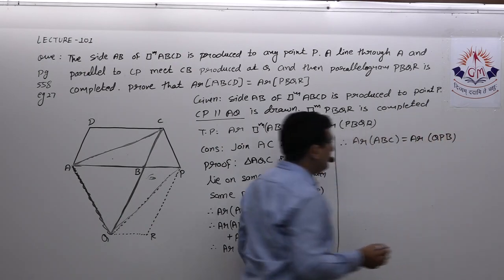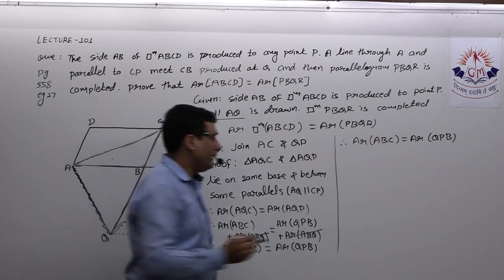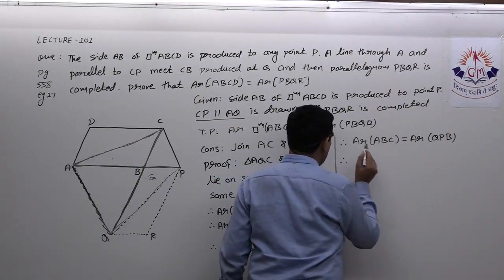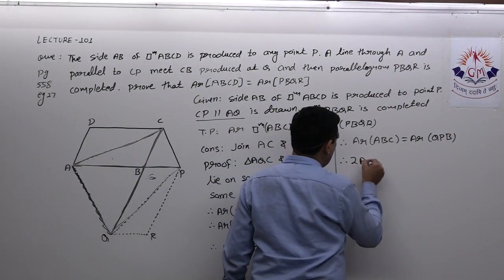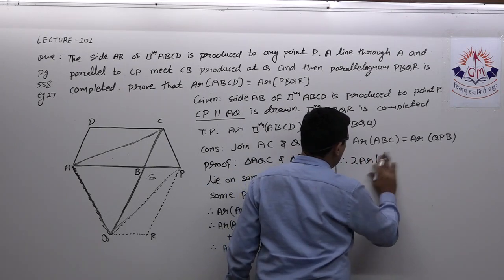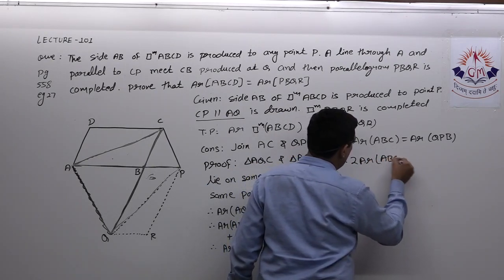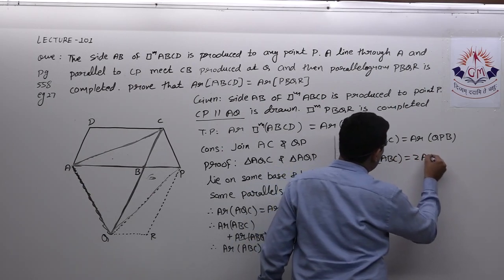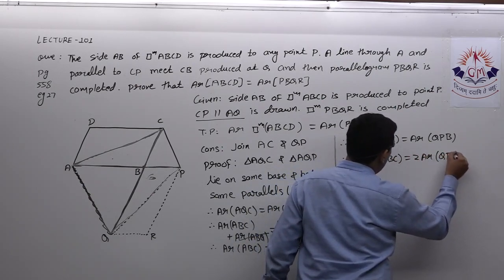As these two triangles are equal in area, their doubles will be equal. So here I can write therefore twice area ABC is equal to twice area QPB.